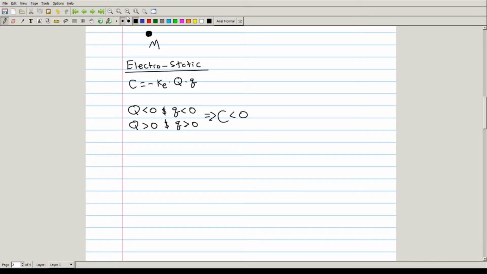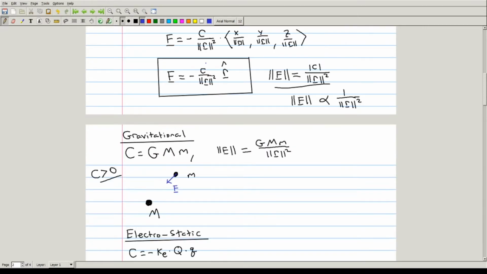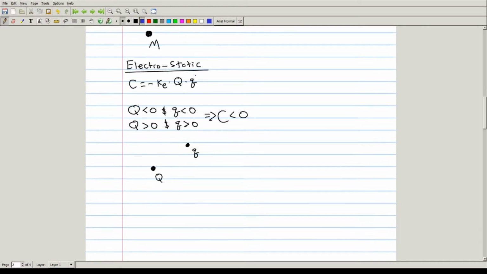And this is good because when we look at a picture of the actual force vector between Q and Q, C is negative, the negatives cancel out, and the force vector is going to point away, which we expect if the charges have the same sign.